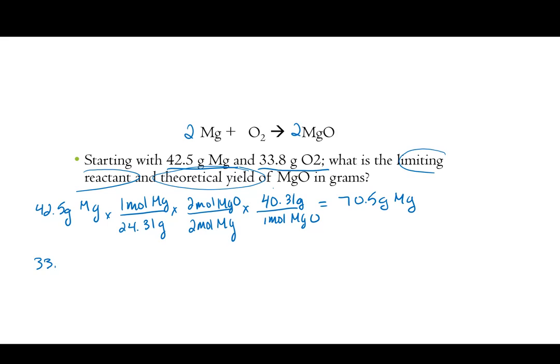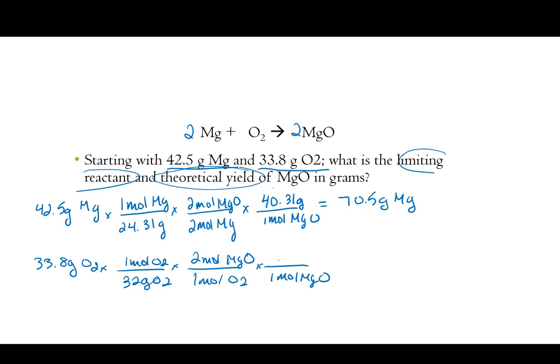Let's do the same for oxygen. One mole O2, 2 mole magnesium oxide, and 1 mole magnesium oxide has a mass of 40.31 grams.